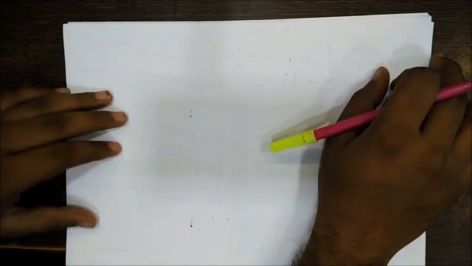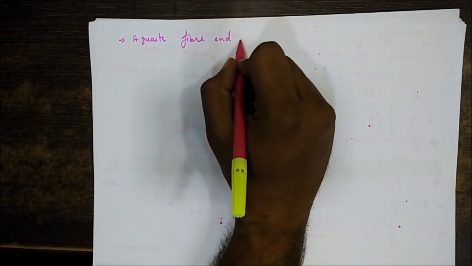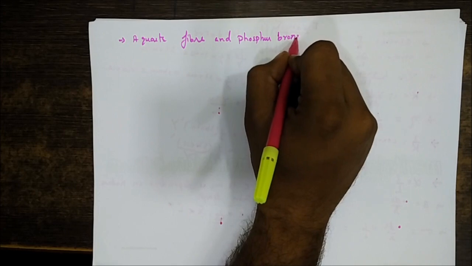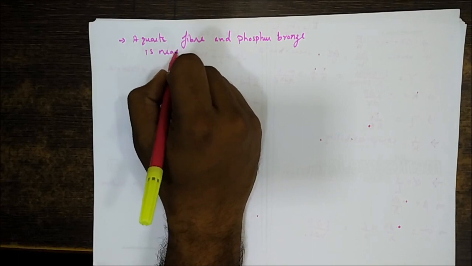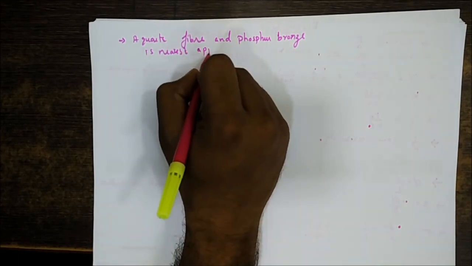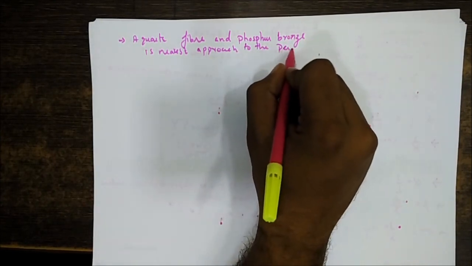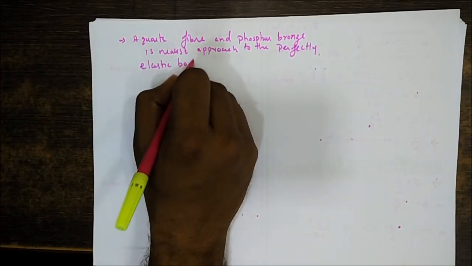Now, some more important notes. A quartz fiber and phosphor bronze is the nearest approach to the perfectly elastic body.